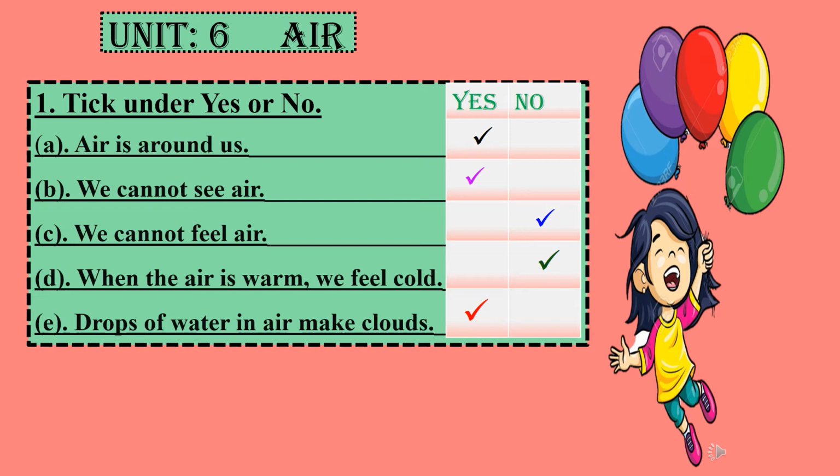Drops of water in air make clouds. Yes, we have read in detail about the water cycle, how drops of water in the air make clouds. So it is yes. Okay, dear students, I hope you have done this. Now let's go towards the next question.